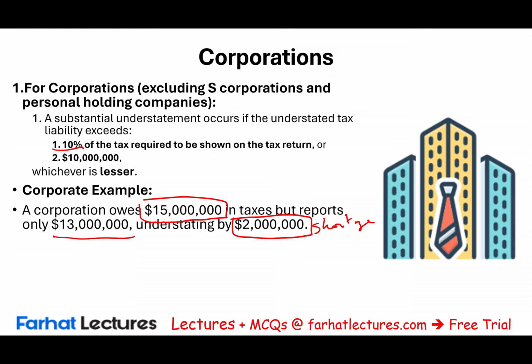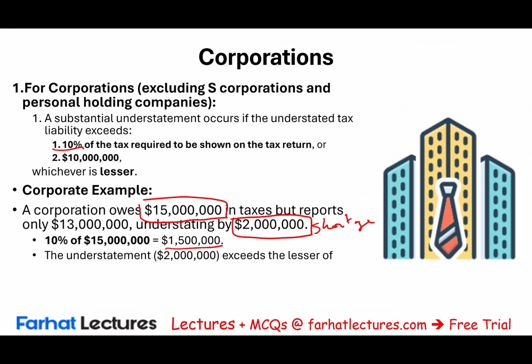So this is the shortage. What do we do? We look at 10% of their tax bill. 10% of $15 million is $1.5 million, or $10 million, whichever is lower, so $1.5 million. Does the understatement exceed that?